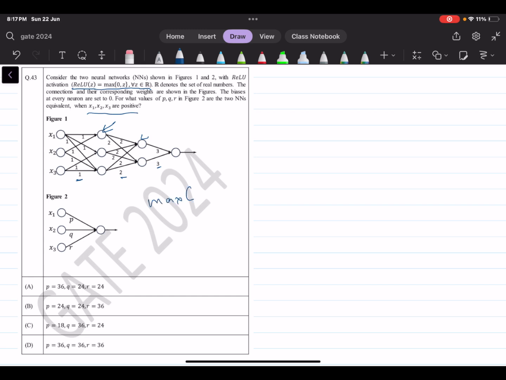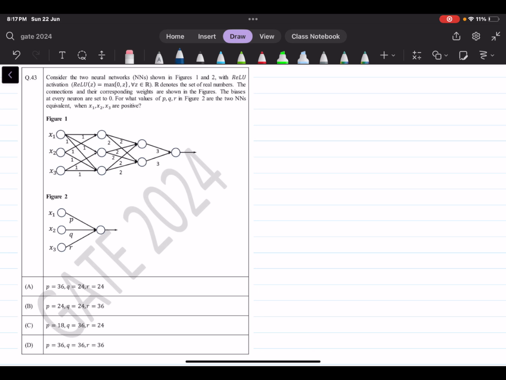So max of 0 comma g will always be greater than or equal to, or in this case, because they are positive, greater than 0. So we can simply ignore this ReLU activation function, and just go with the multiplication and addition.